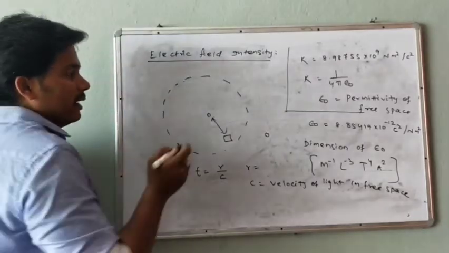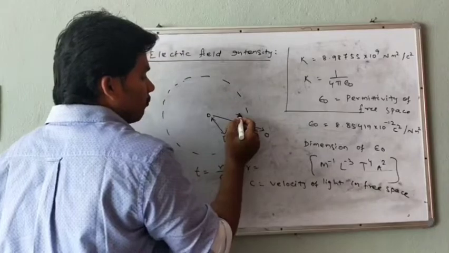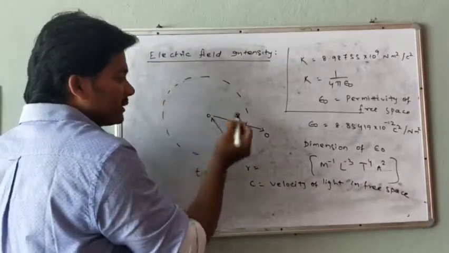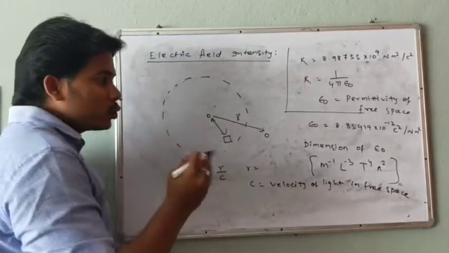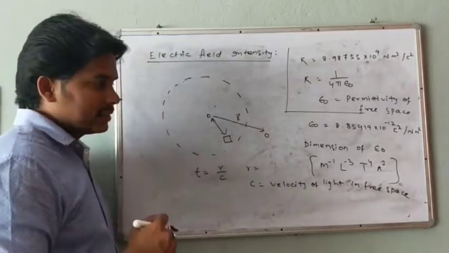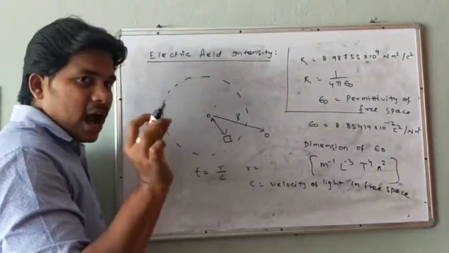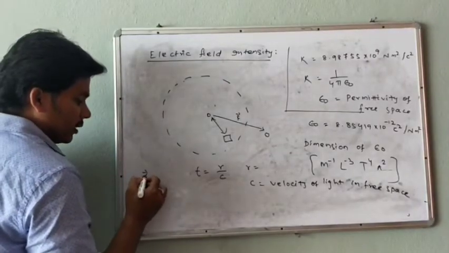To move this charge to this position, some force is required. We are not moving a single charge but a bunch of charges, and the force required per each charge is called the electric field intensity.